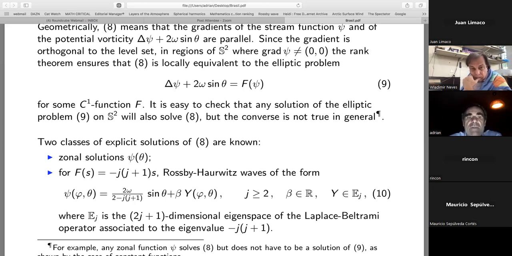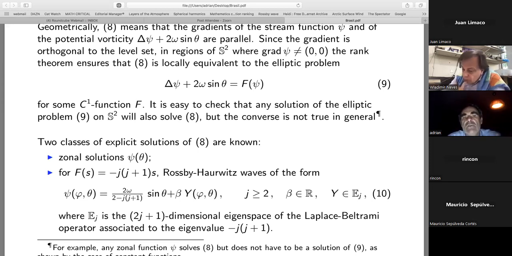Well, first of all, there are zonal solutions. Zonal means that at every latitude, the solution depends only on latitude, okay? So the zonal solutions are the ones that I showed in the beginning, the ones that you observe when you look at the top of the troposphere. You basically see flows that go east-west. At every latitude, the flow has a certain speed, but it doesn't go north-south.